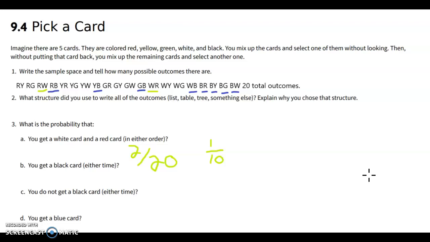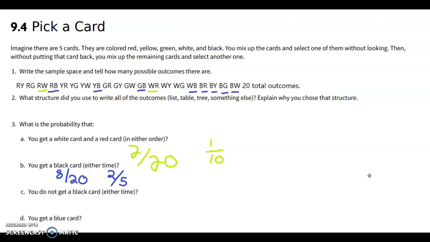So 1, 2, 3, 4, 5, 6, 7, 8. So that is 8 out of 20. And this is also not simplest terms. They're both divisible by 4. 4 goes into 8 2 times, and 4 goes into 20 5 times. So I have a 2 out of 5 chance of getting a black card.